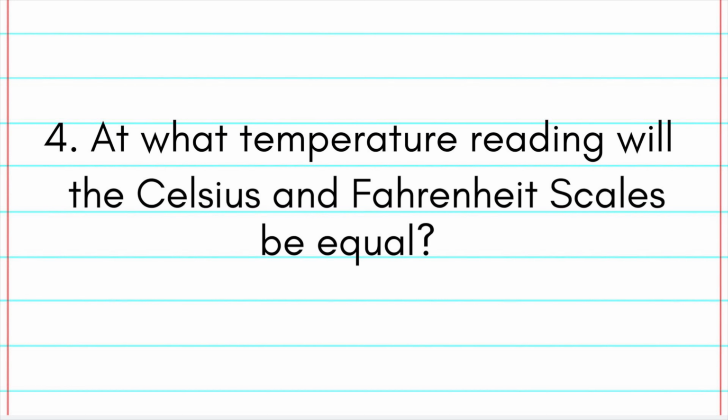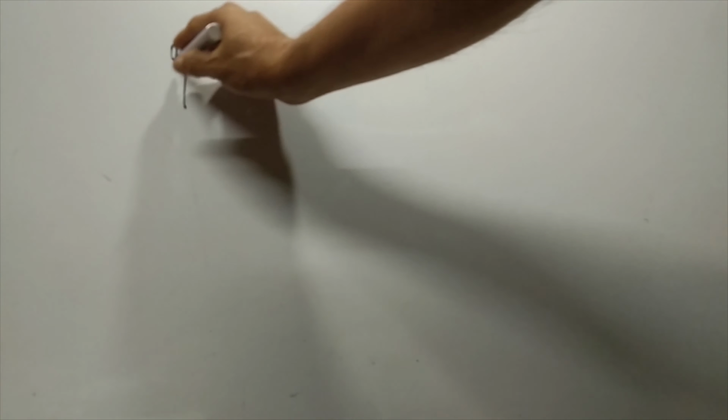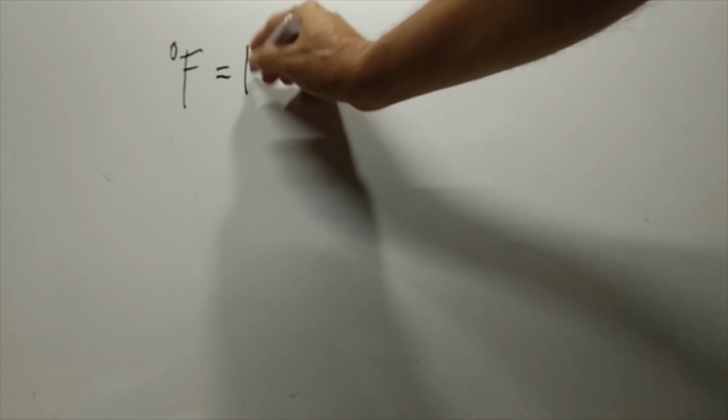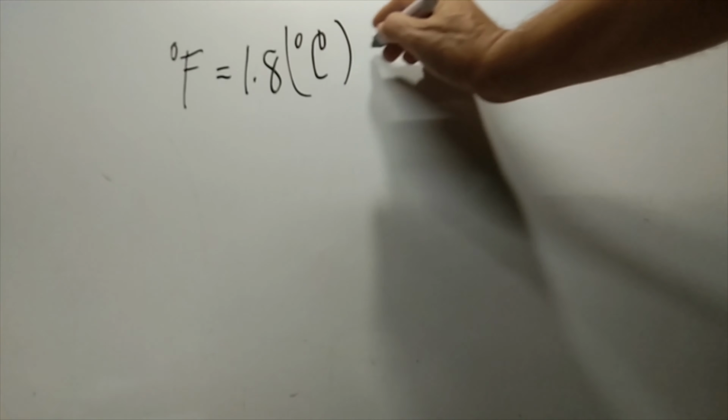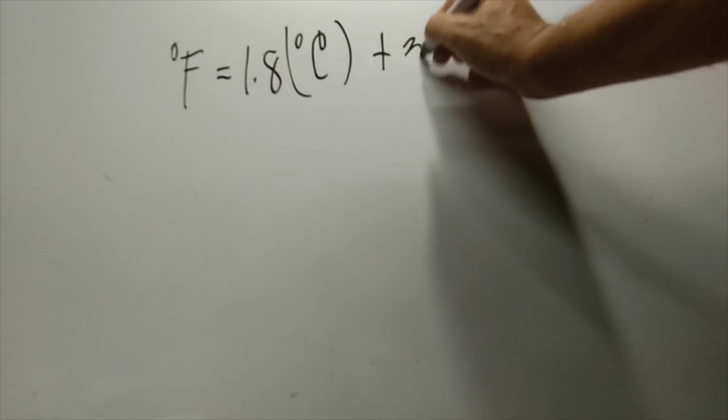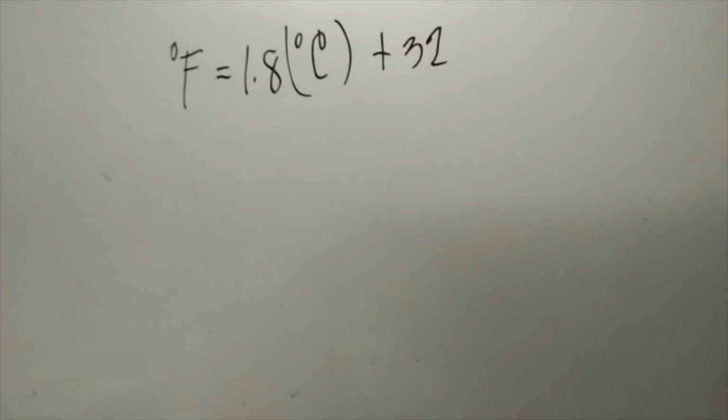Let us now solve problem number 4. At what temperature reading will the Celsius and Fahrenheit scales be equal? To solve the problem, I'll be using the formula degrees Fahrenheit is equal to 1.8 degrees Celsius plus 32. According to the problem, the Celsius and Fahrenheit scales are equal.